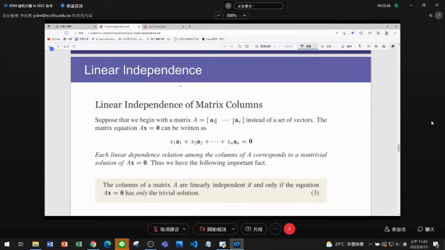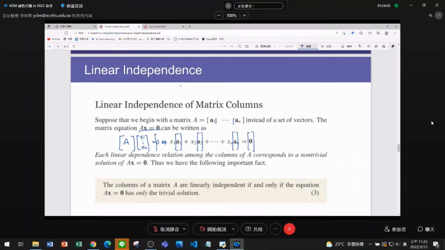And the matrix equation Ax equals to 0. We're using the concept of linear combination, x1 to xn, equals to 0 can be written as x1 scalar times a1 vector plus x2 scalar times a2 vector plus xn scalar times an vector equals to 0 vector.